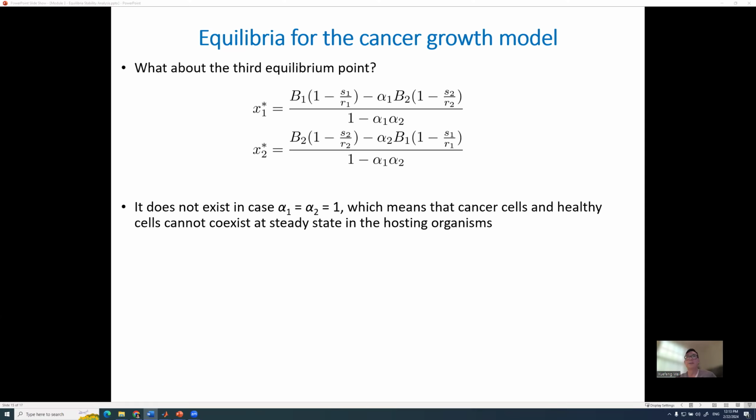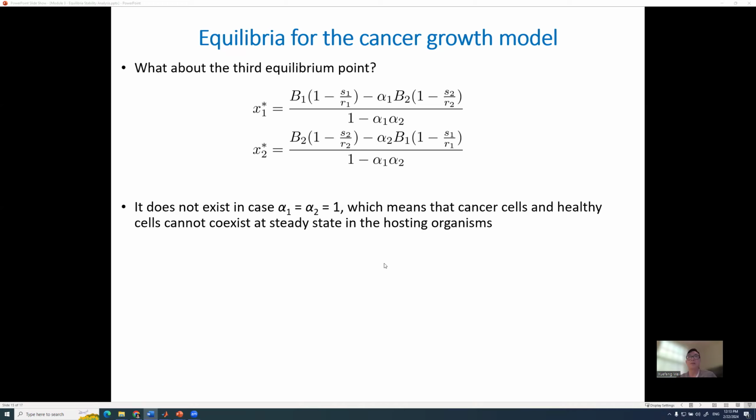But you can also look at other conditions. What about alpha 1 and alpha 2 being different, between 0 and 1? You can actually find some other solutions, but I'm not going to talk about that here.